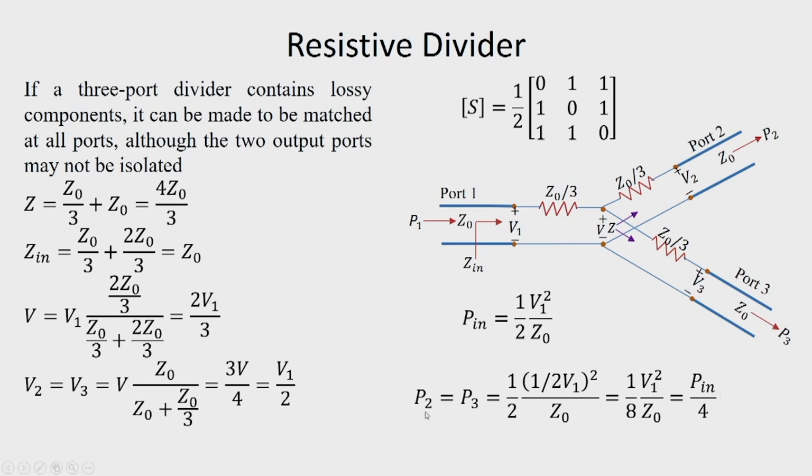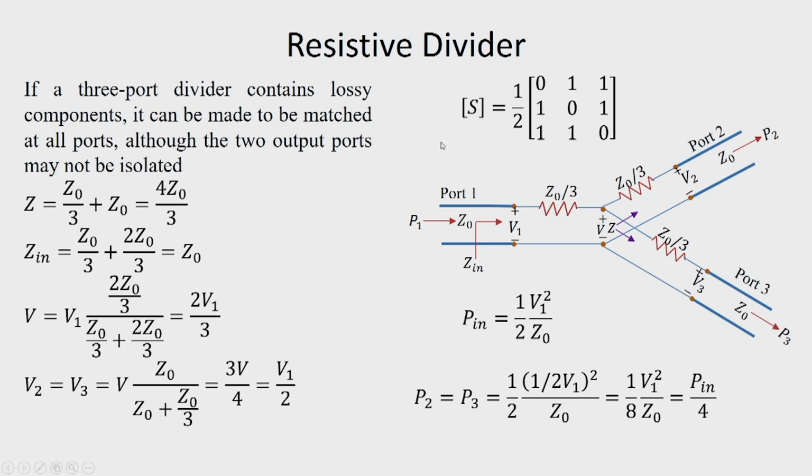That means P2 by P in will be equal to 1 by 4. So, this entry will be half. Similarly, P3 by P in also will be 1 by 4.